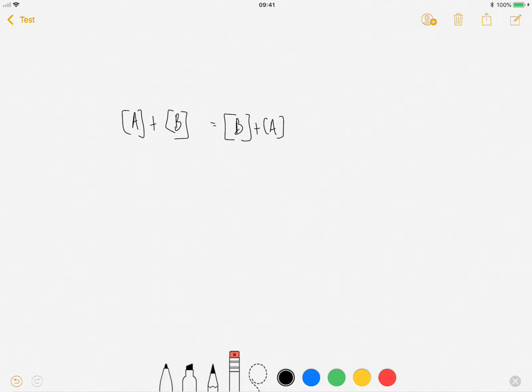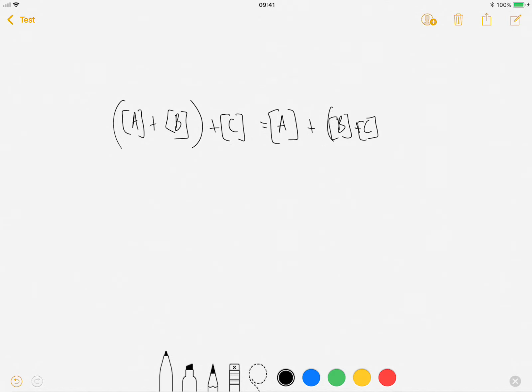That is that (A plus B) plus C equals A plus (B plus C).